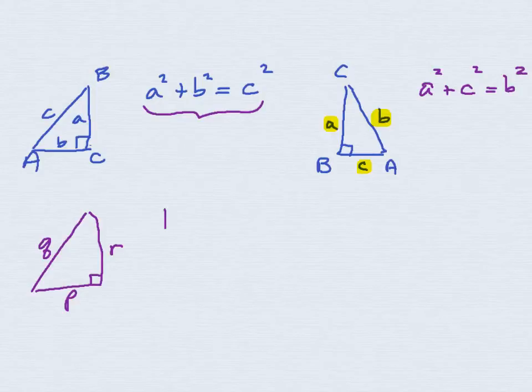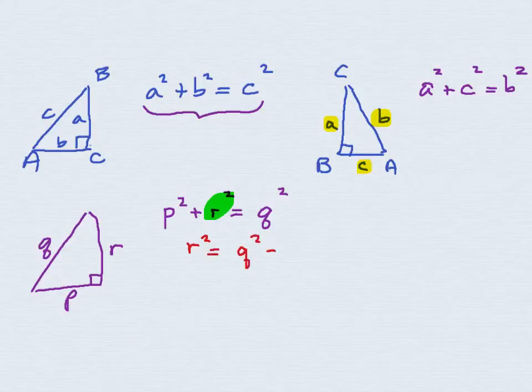You could say the leg P squared plus the leg R squared equals the hypotenuse Q squared. That's perfectly fine. If you want to write the equation and solve it for R, let's just say you're trying to solve for the leg R, you could write it differently. You could say that the length of the leg R squared is going to equal the hypotenuse squared minus the other leg squared.